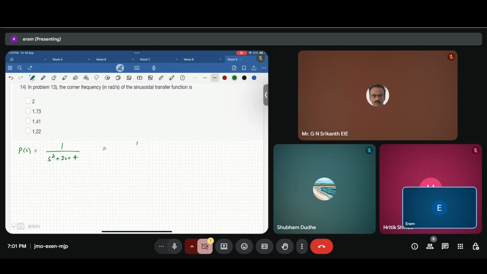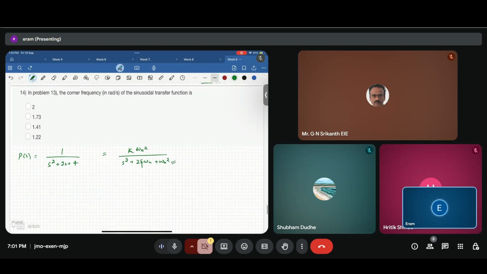It is omega n square divided by s square plus 2 zeta omega n plus omega n square. Now here there can be a scaling factor also. So basically the denominator in standard form is this. And for a second order plant, the corner frequency is defined as the natural frequency of the plant.